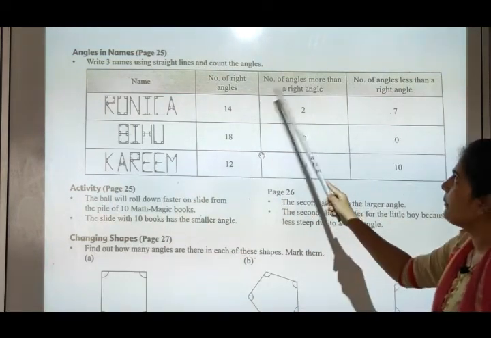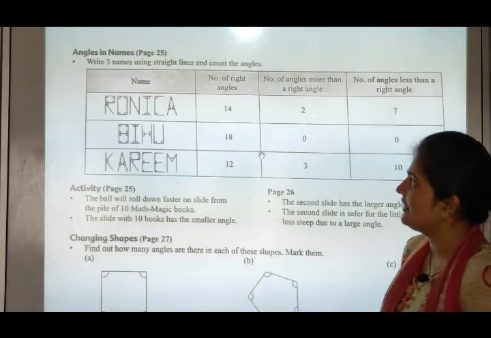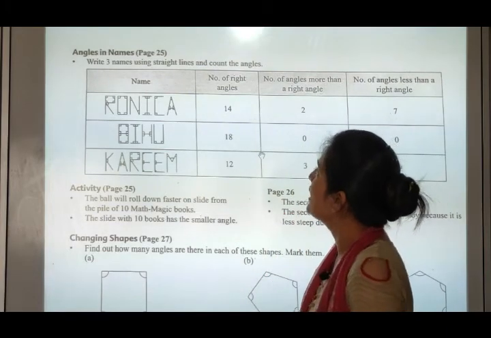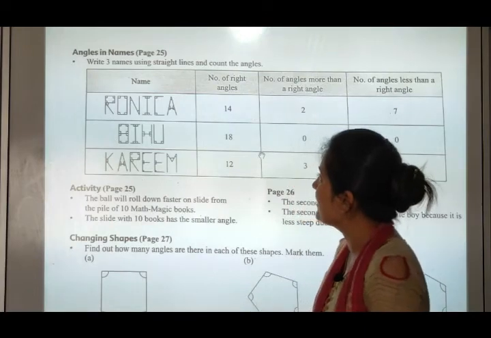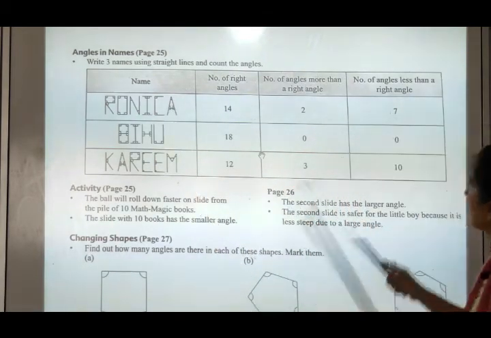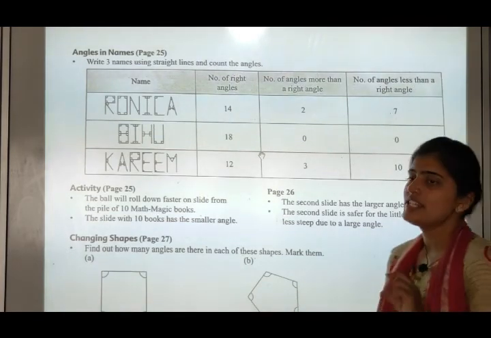After that number of angles more than a right angle. Now more than right angle, how many angles are there? There are only 2. Here you can see, here one angle is there and another is over here. After that number of angles less than right angles, means very small angles.